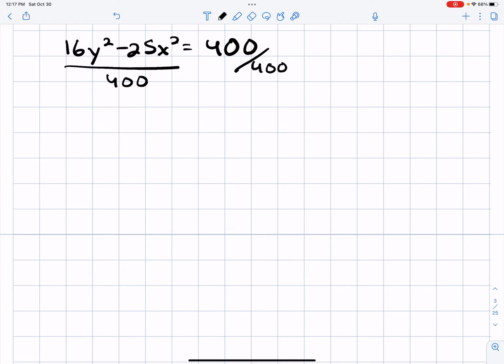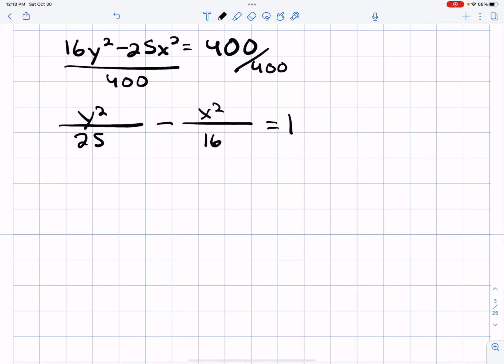So 16 over 400, that's going to reduce. So you end up with y squared over 25. Right? Yep. And then minus x squared over, 25 goes into 400 16 times, and that equals 1. So you'll have now your classic hyperbola centered at 0, 0. You have that minus sign in the middle.